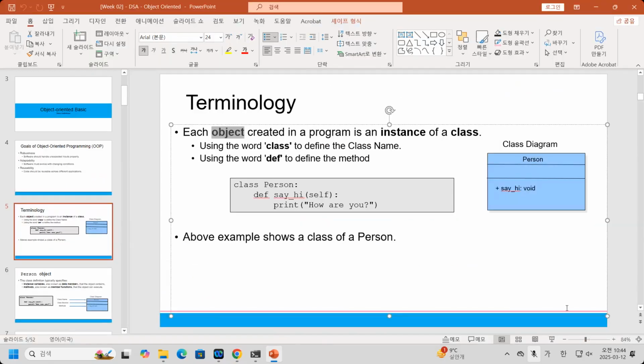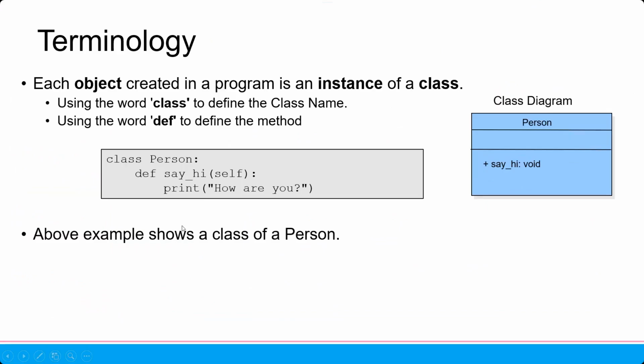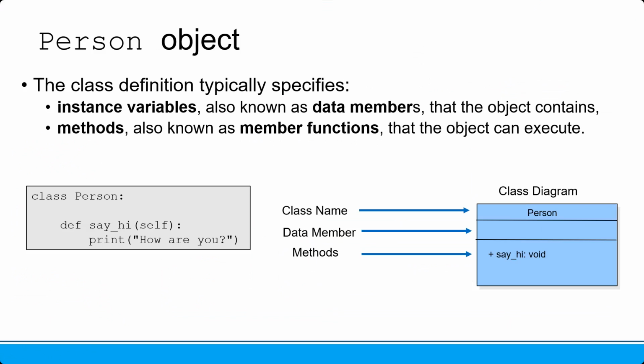Okay. So this is one example of the class person. Later on, we will learn more. So we can have the person object. It means the person itself. And the class definition includes the instance variables.